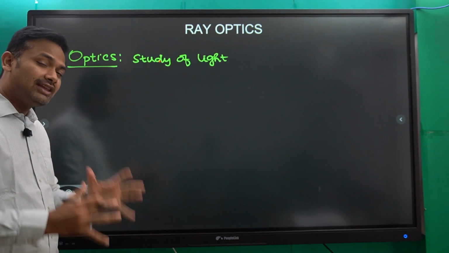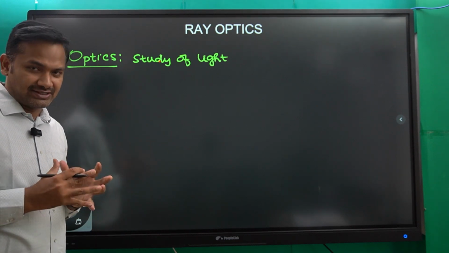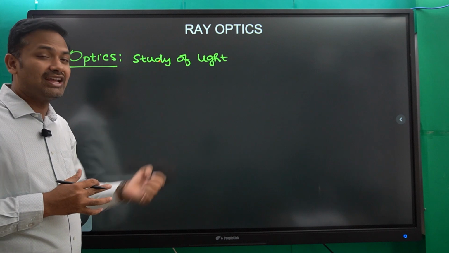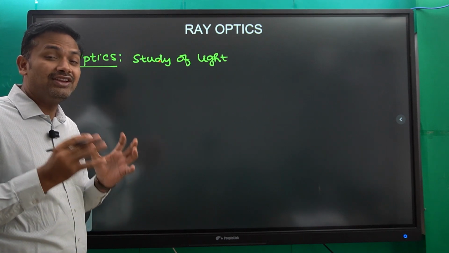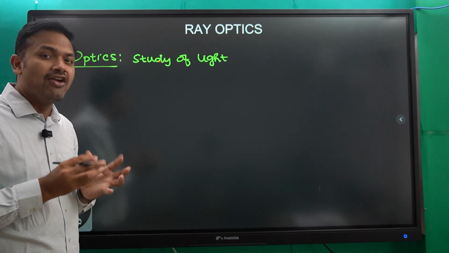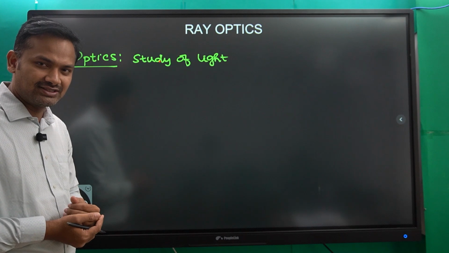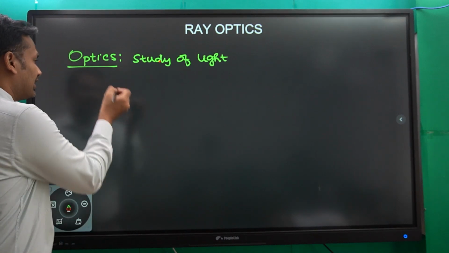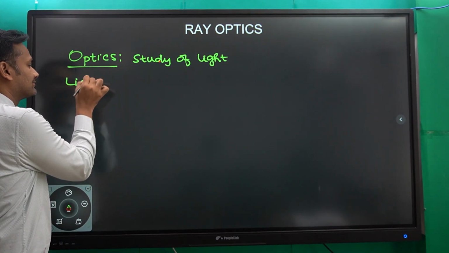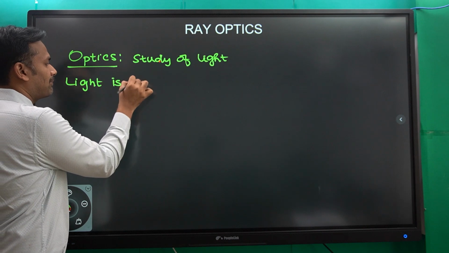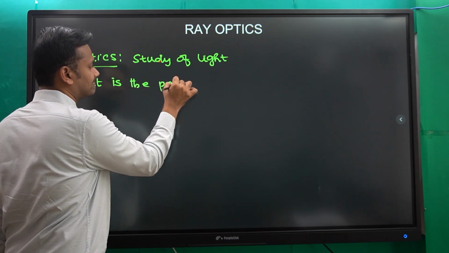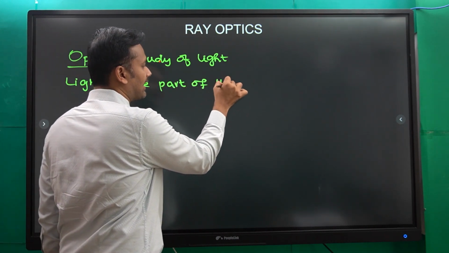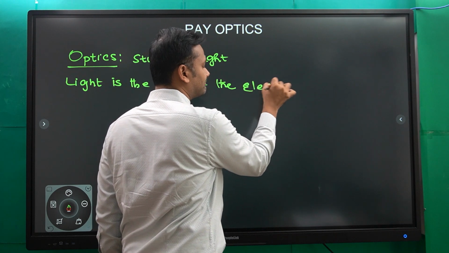In the electromagnetic spectrum, light is the part which helps us see various objects.